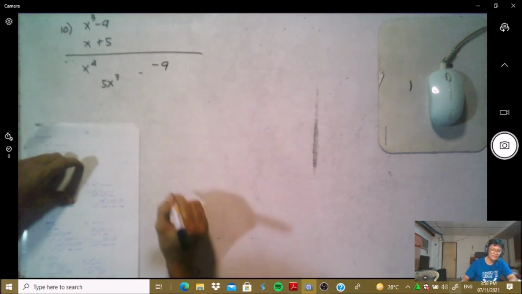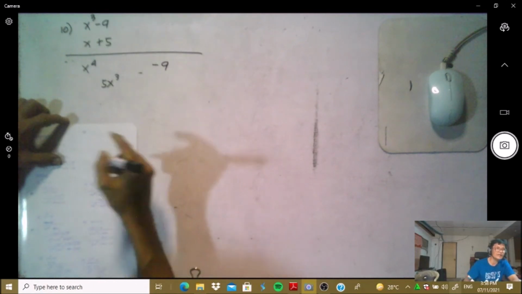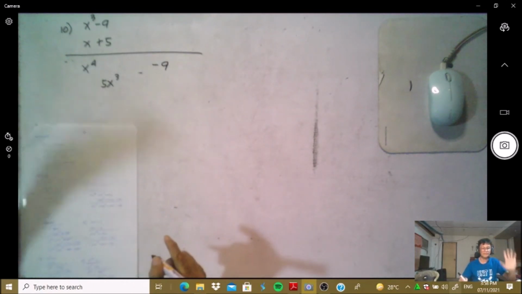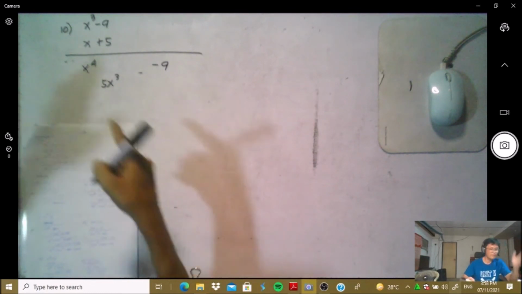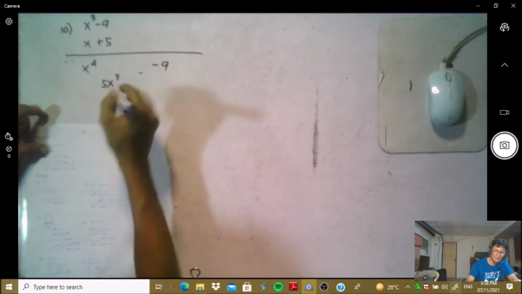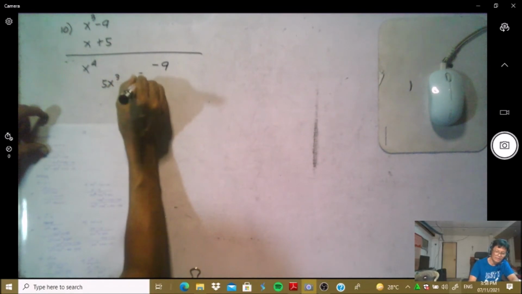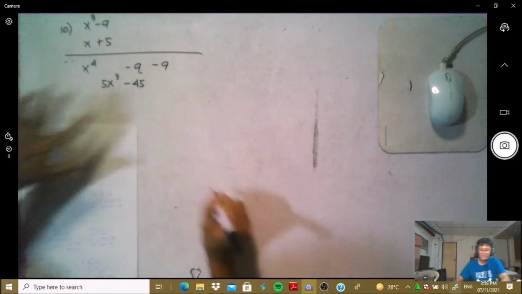Negative 9x. Okay, then we have 5 times negative 9, wait, 5x cubed, 5x cubed minus 45, and then therefore we can move negative 9x here.